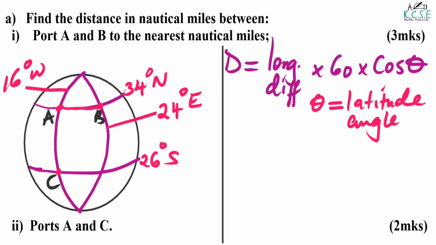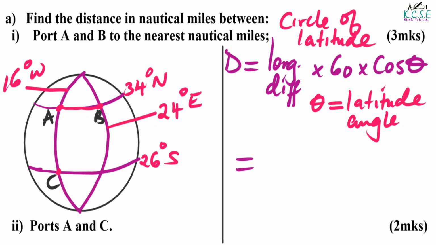So distance AB is the distance along the circle of latitude. That is how we get the distance AB: longitude difference times 60 times cosine of the latitude angle. Now let's go directly and solve that.